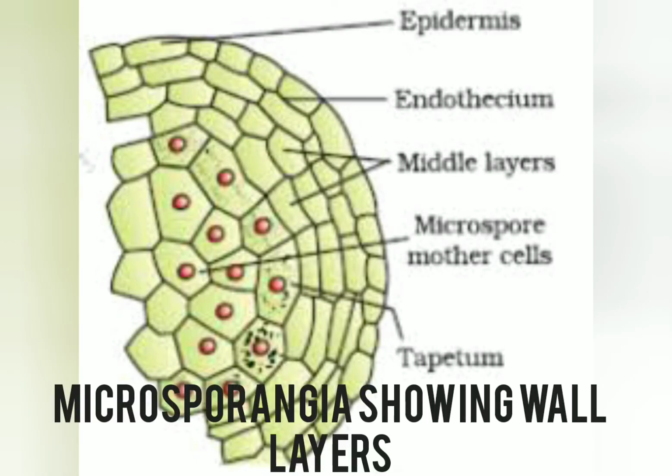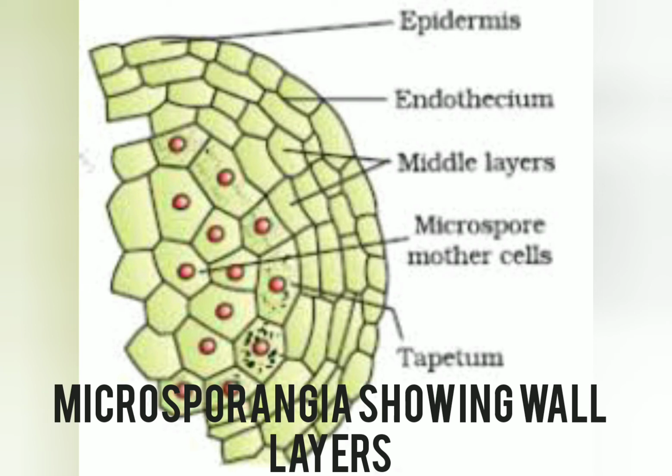See in the picture now, you can see at the middle there are microspore mother cells which are diploid in nature. These microspore mother cells undergo meiotic division that results in the formation of microspore tetrad.